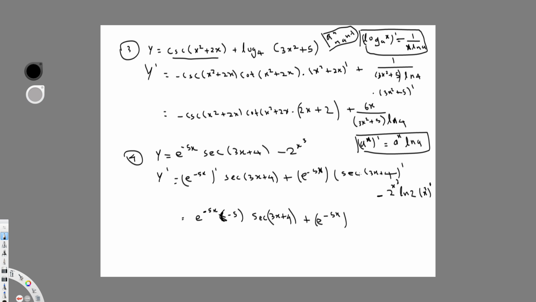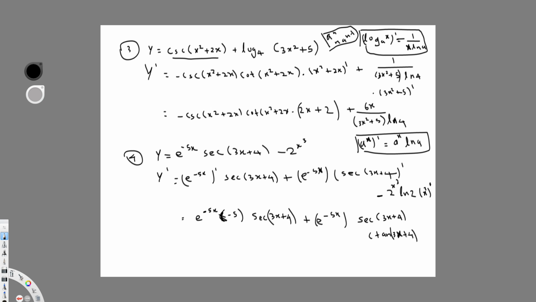So I have to write it in terms of sec and tan: sec of 3x plus 4 and then multiply by tan of 3x plus 4.